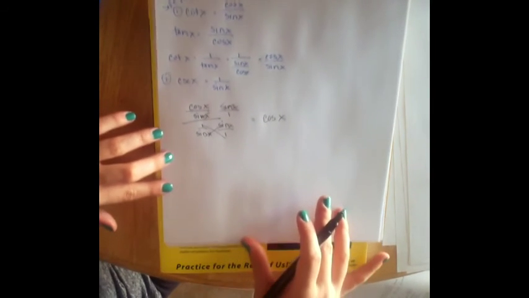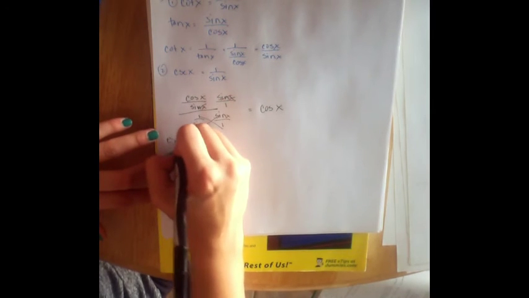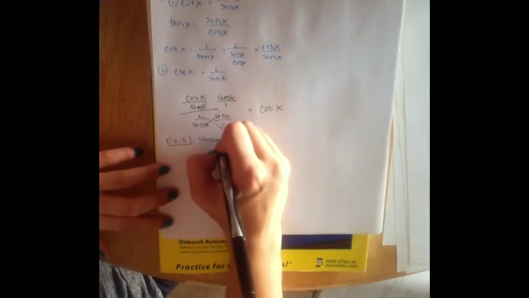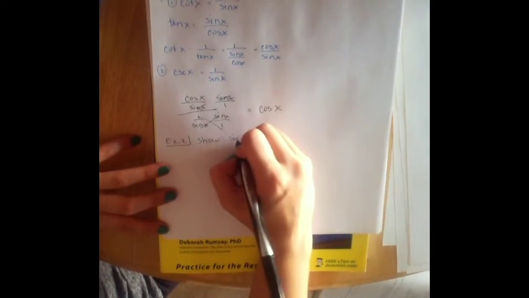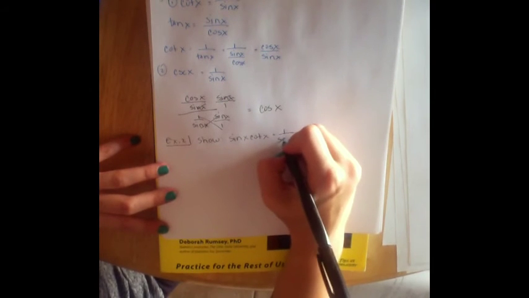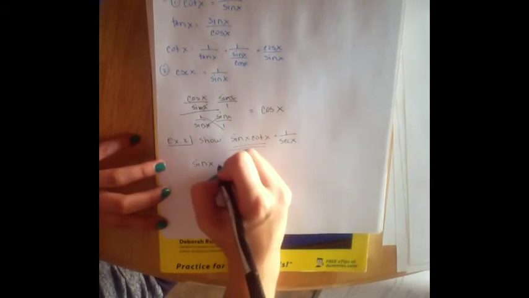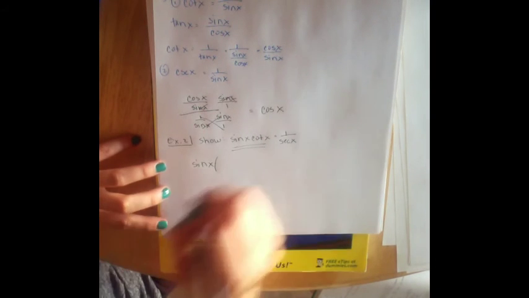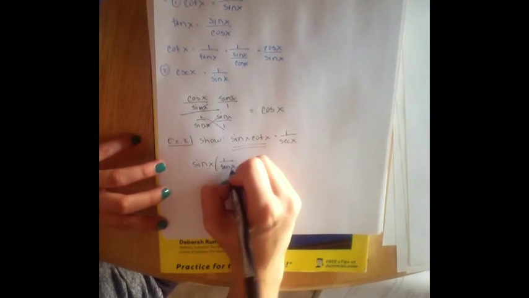Okay, let's do another example. Example 2, I want us to show that the sine of x times cotangent of x is the same as 1 over secant of x. So I'm going to start with my left. I'm going to say the sine of x times cotangent of x. Cotangent of x is 1 over tangent of x.